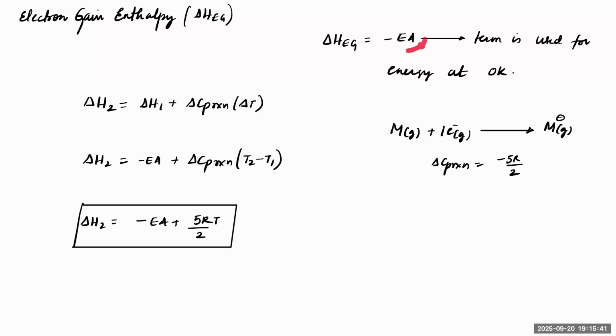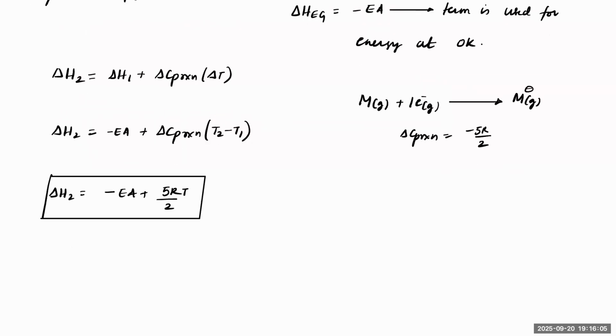But remember, electron affinity is a term that must be used only when you are at 0 kelvins. So if it is at 0 kelvins, we often use it as electron affinity. And you know that electron affinity is a negative delta H; electron gain enthalpy is the negative value of electron affinity. So if I use Kirchhoff's law, what exactly is happening here?